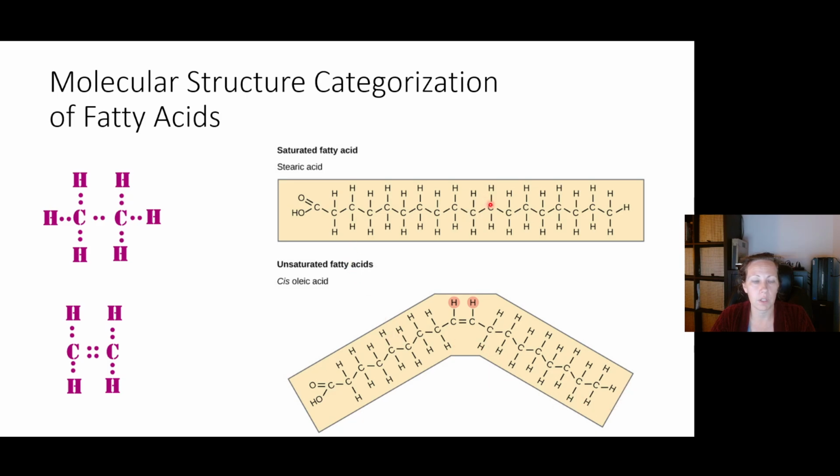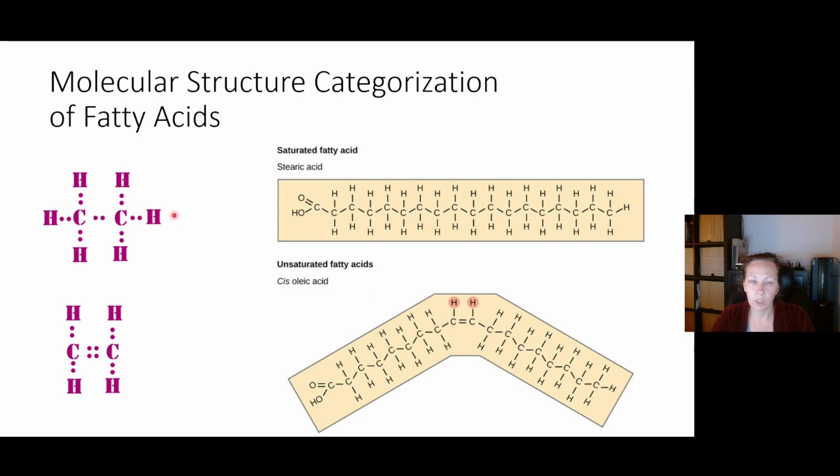Both of these have 18 carbons in the chain, but in the second one, which is oleic acid, these carbons here each now only have one hydrogen that they're bonded to, and they have a double bond to fulfill those valence electron needs for bonding.